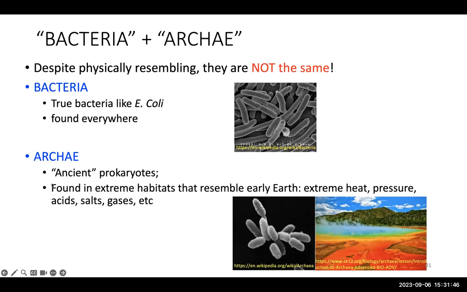It looks very similar to the bacteria, but this creature can grow in very harsh environments, such as in Yellowstone. They can sustain very extreme heat, pressure, acid, salt, and extreme gas. They don't need too much oxygen.